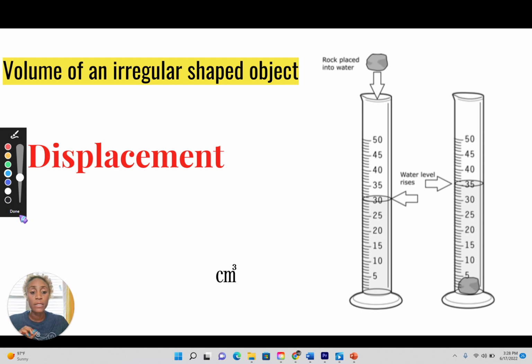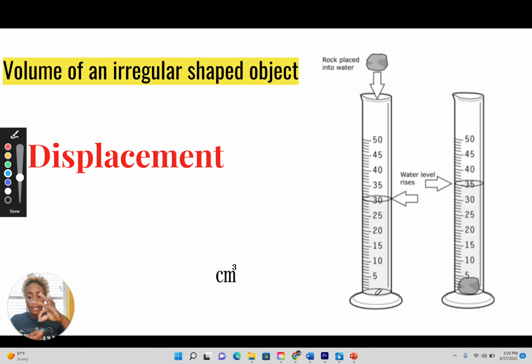So if you're going to do this experiment, the first thing you need to do is to write that down in your notebook. Write the 30 down and put first measurement beside it. Then they will put the rock inside of the water. Be careful if you're doing this with a glass graduated cylinder.